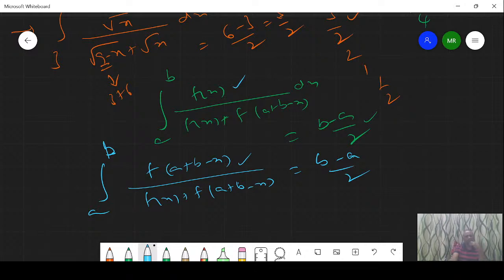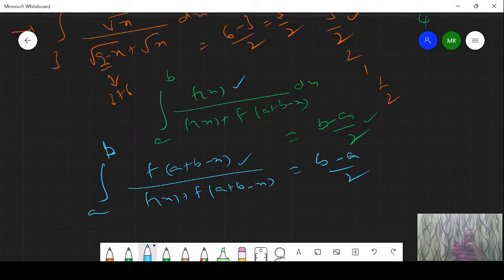Use this technique to solve the problem. Suppose sometimes a may be 0. If a is 0, then it will be f of b minus x by f of x plus f of b minus x. You can apply it like that. When a equals 0, the answer comes to b by 2.